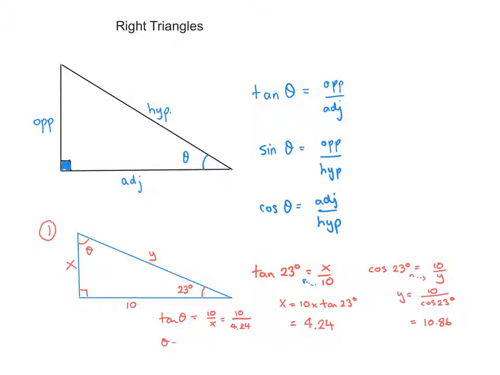So theta will be tan negative 1 on your calculator of 10 over 4.24. And that equals 67.02 degrees. So you can see there is some error there because the answer should be 67 exactly. Because we've rounded this answer of x here to 2 decimal places, we've got this error, which is like a 2% error. Interesting.